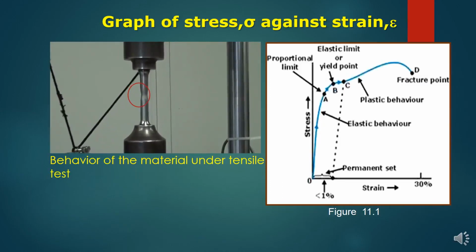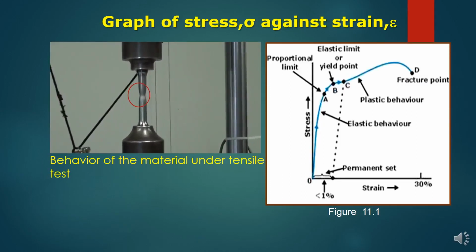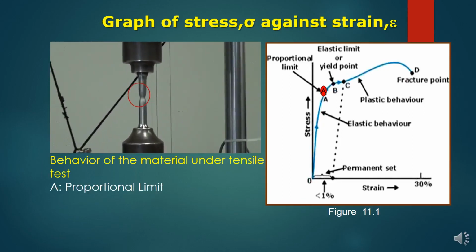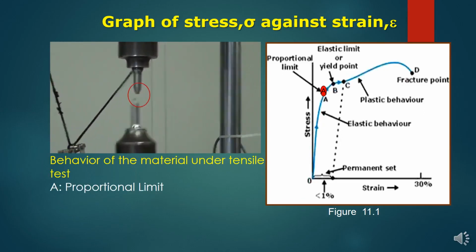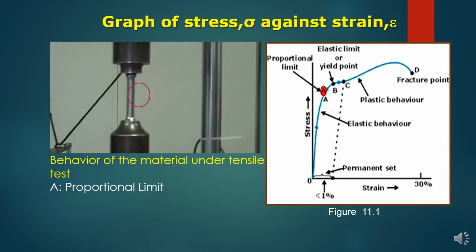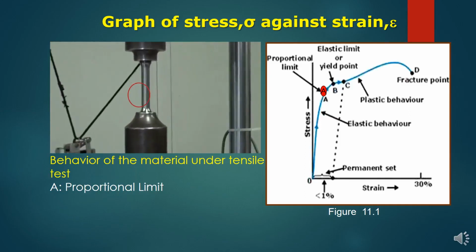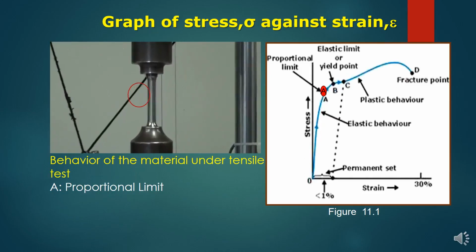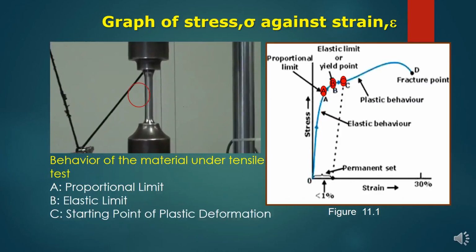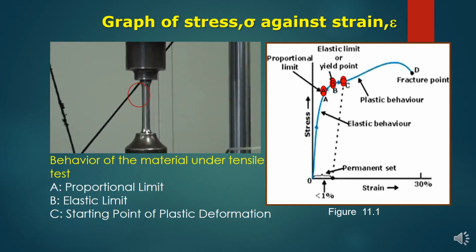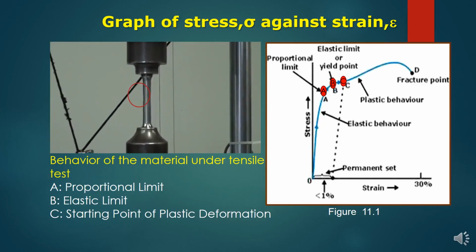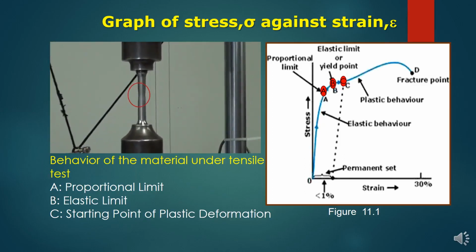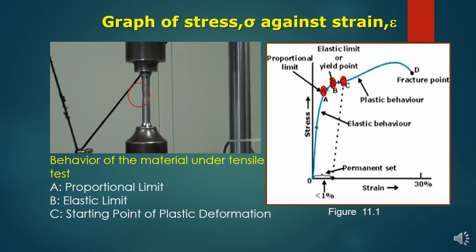The behavior of the material under tensile test can be explained in 5 stages. First, point A. Point A is known as proportional limit. Point B, elastic limit. Point C, initial point of plastic deformation.